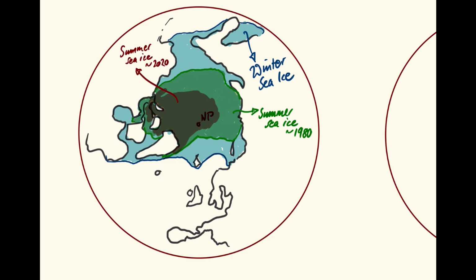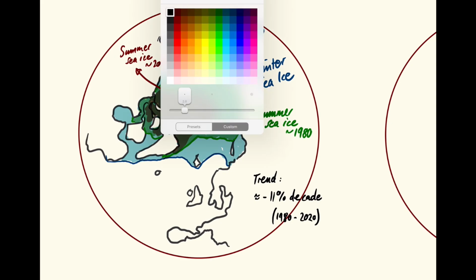So the trend here, approximately minus 11% per decade from 1980 to 2020. So we've lost about 44% of the summer sea ice that we had just 40 years ago.